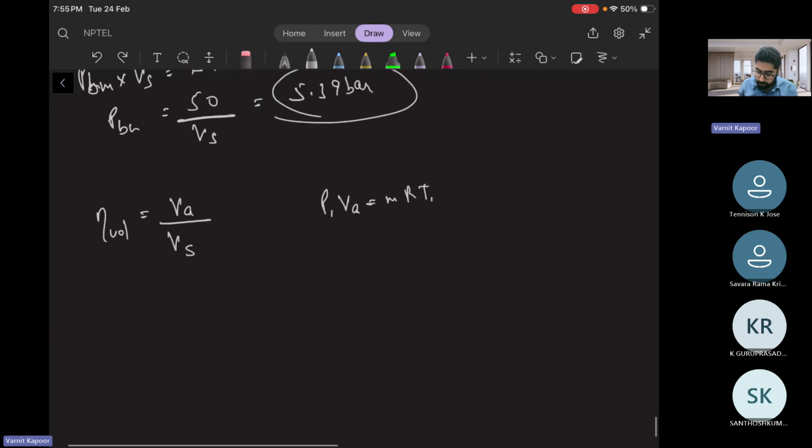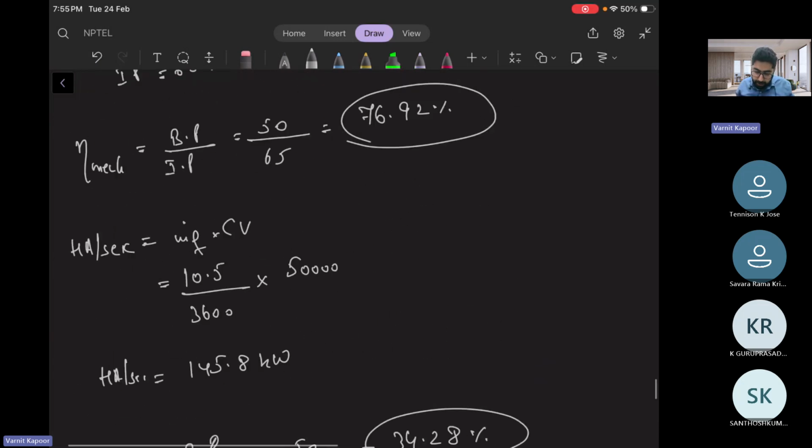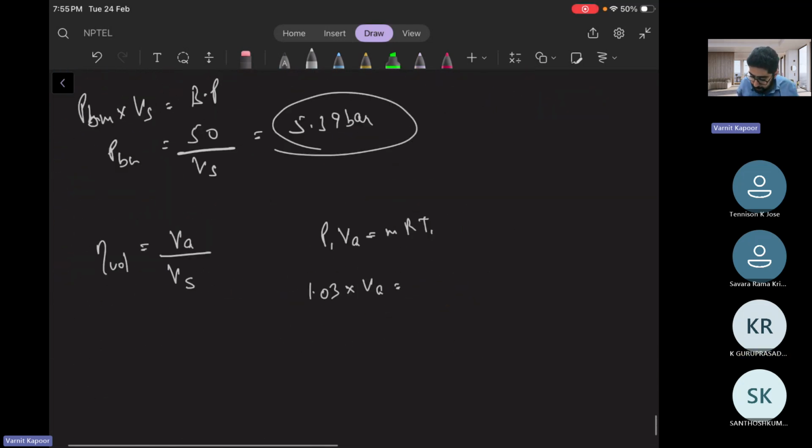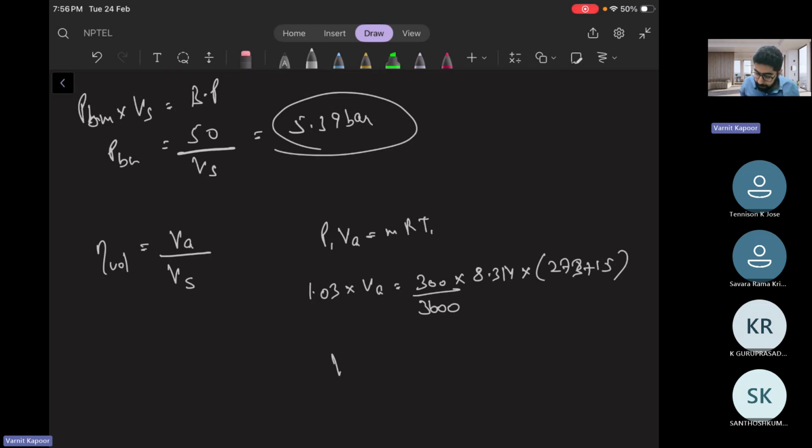Put the values: 1.03 into VA, the mass inhalation rate is given as 300 kg per hour, R is the gas constant, and T1 is 273 plus 15. If I go with 3600, kg per second, you can get it, or in terms of hour also. So from here you will get VA in meter cube per second as 0.066.